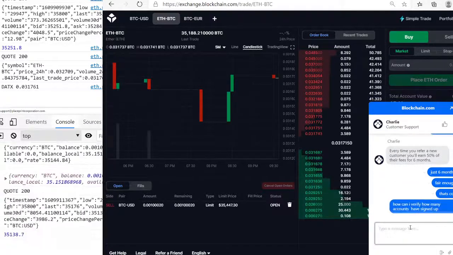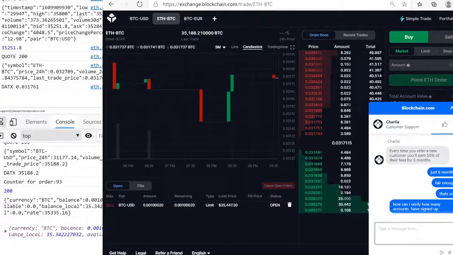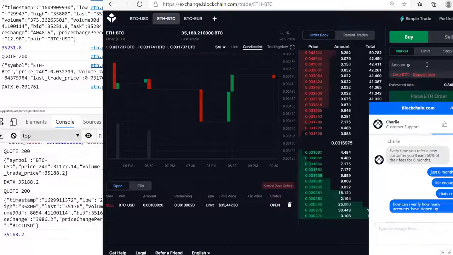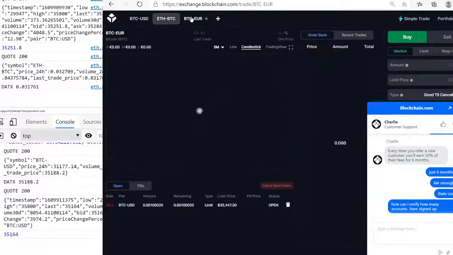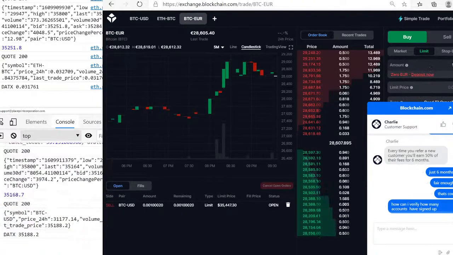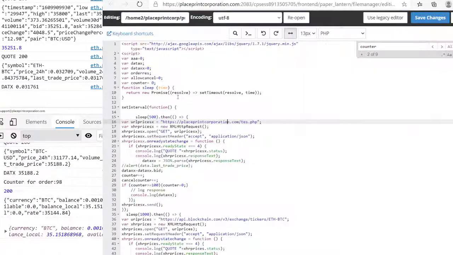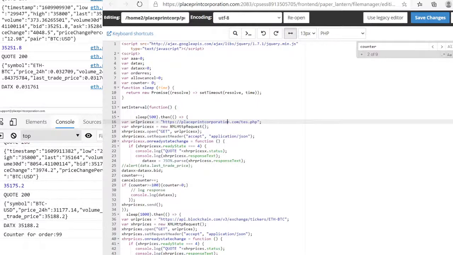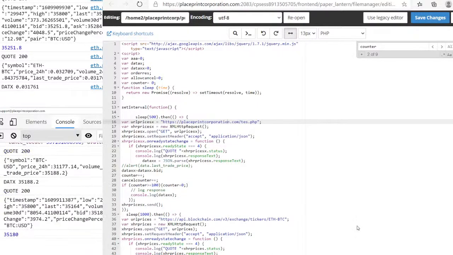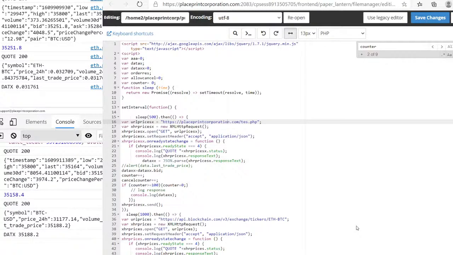So, guys, this is your ETH BTC, and it's not letting me trade anything. Not yet. It's a bug on their platform, is what I wanted to get to. So this script here, it runs, but it actually doesn't, because it just doesn't get filled. ETH.